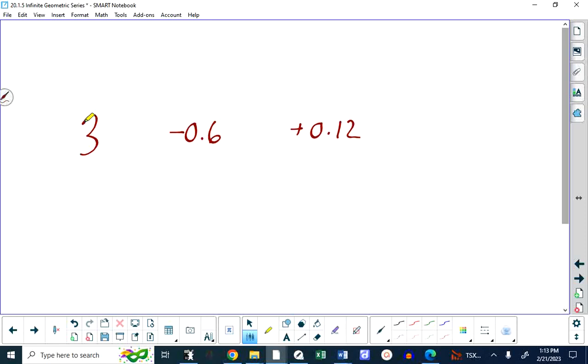Okay. So this is what we're talking about. We're having these sums that we're adding. And the next one would be negative 0.024. I don't know. I'm not talking a sum. I'm just saying if I multiply 0.12 by negative 0.2, do I get negative 0.024?